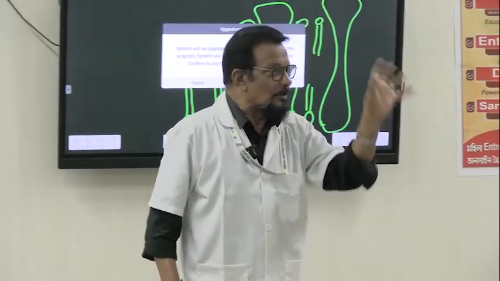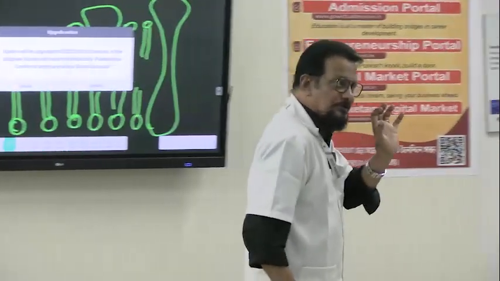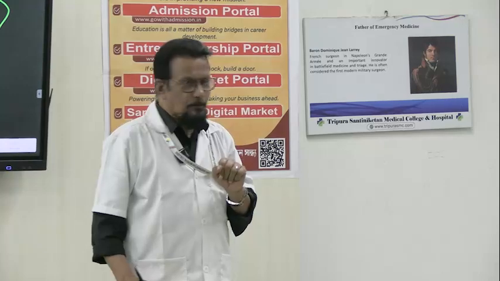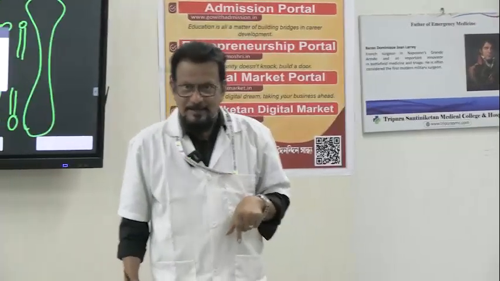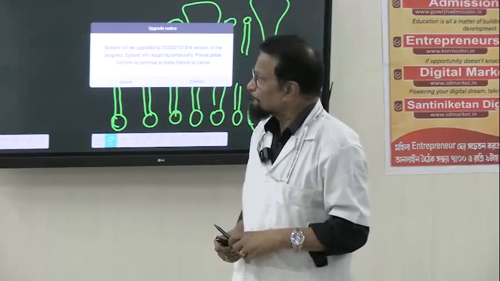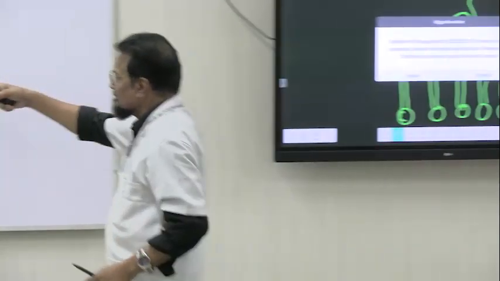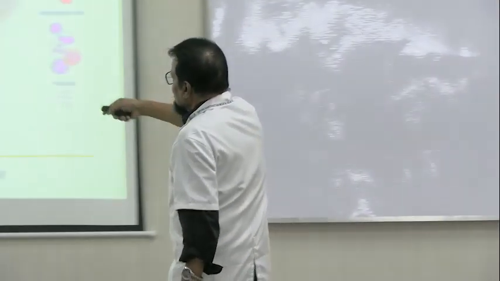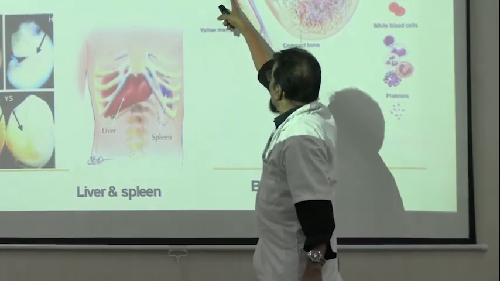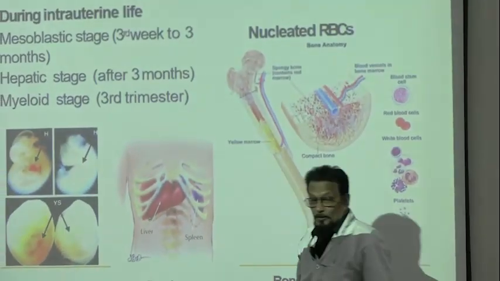Their purpose is only to produce blood cells. So this type of stem cell is termed a hemopoietic stem cell. Yellow marrow, red bone marrow.